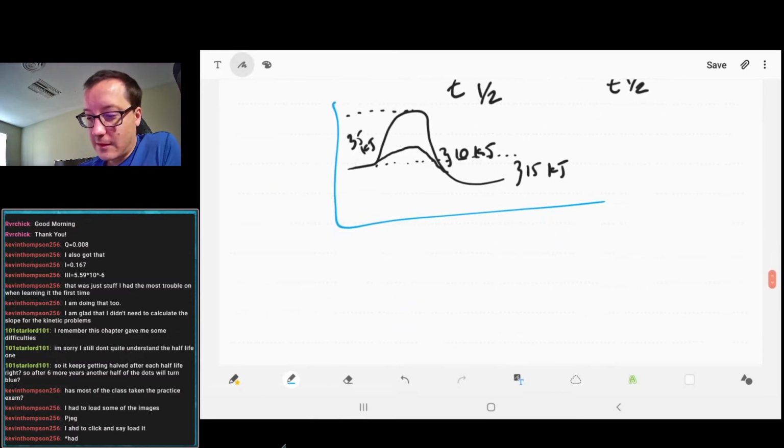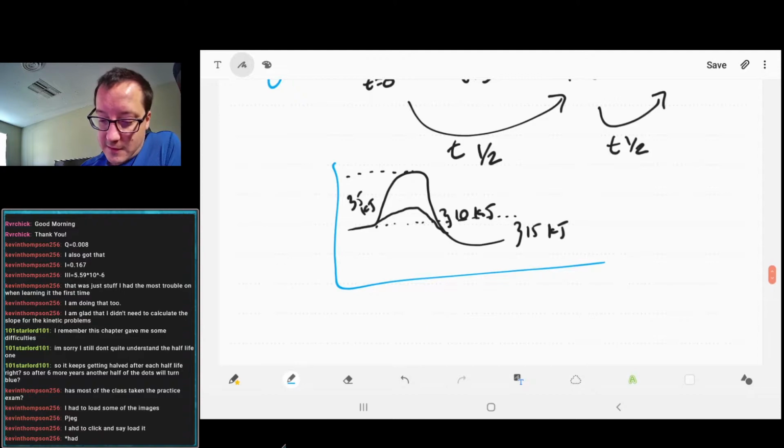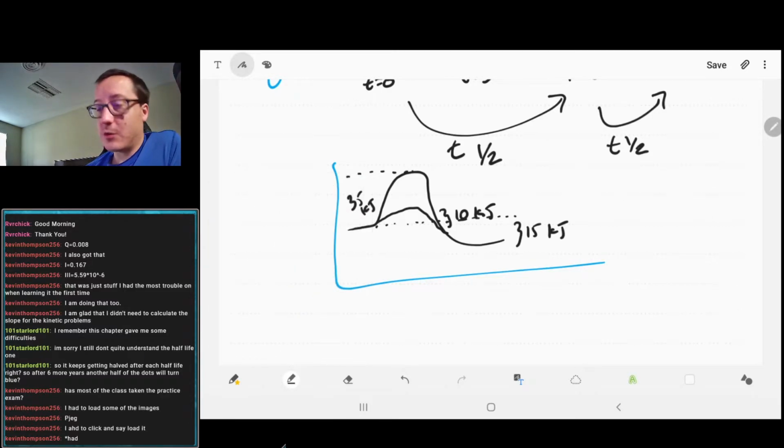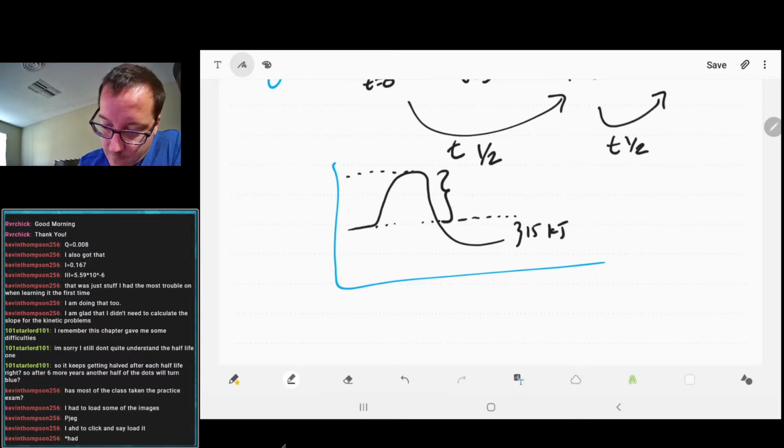Let's see, what else were we gonna... Oh, we were doing this reaction coordinate thingy. We're talking about the catalyzed pathway here. When we're looking at a reaction coordinate, let me simplify this. Remember that this is, of course, energy as an axis.